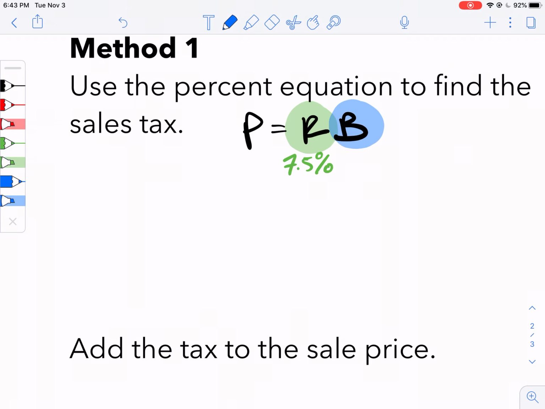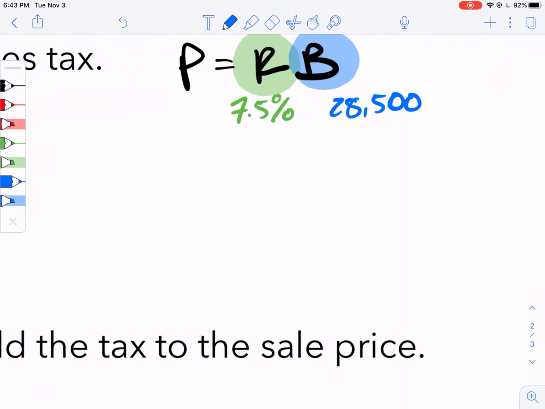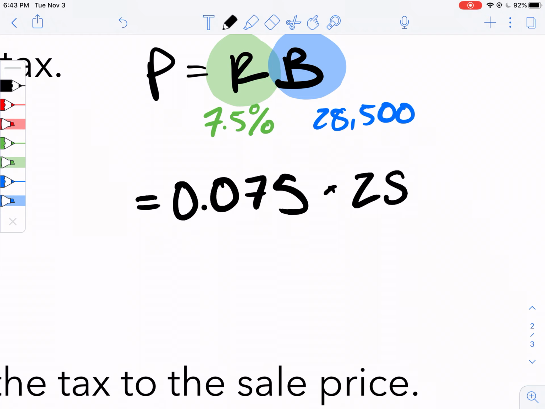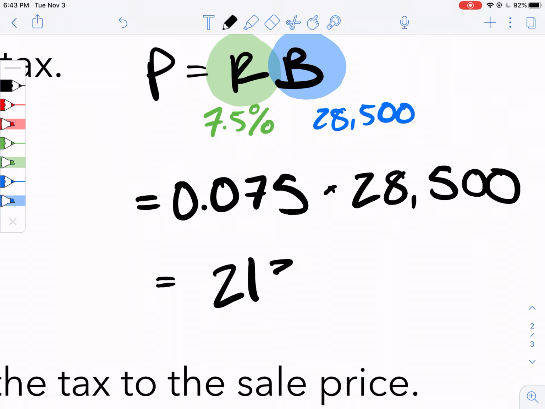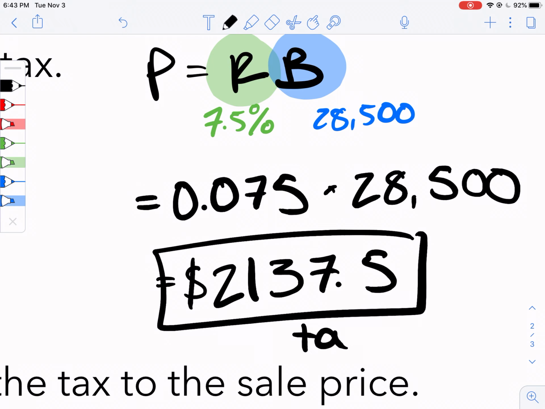Our base is the original cost, which is $28,500. Let's rewrite 7.5% as a decimal: 0.075 times 28,500. And that comes out to be 2,137.5.